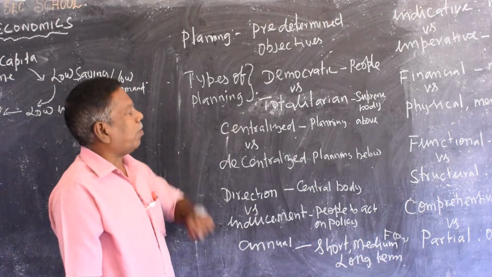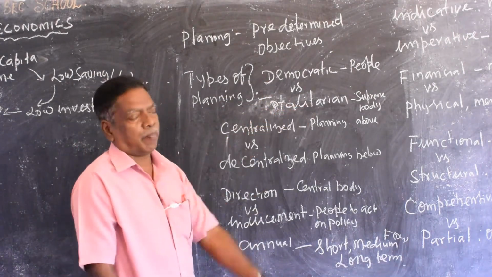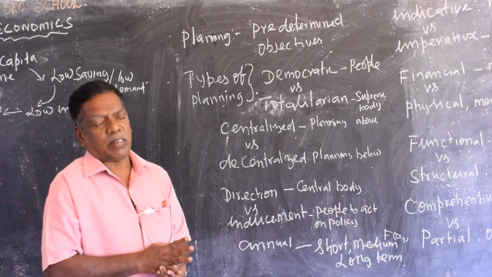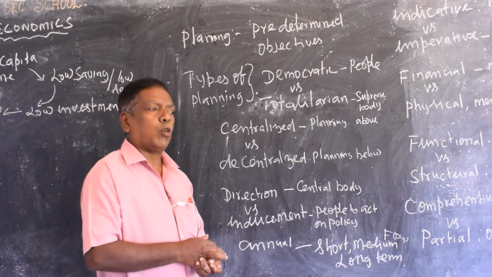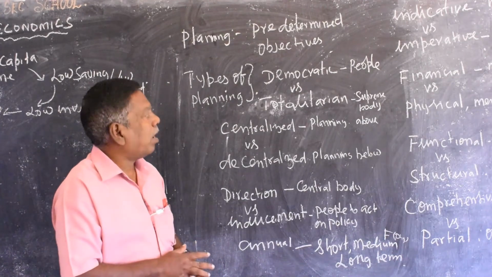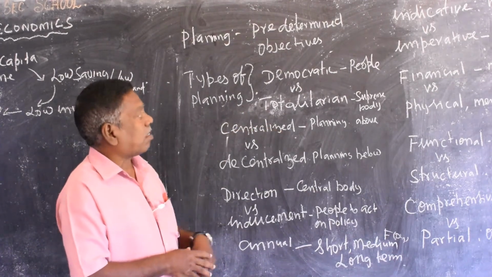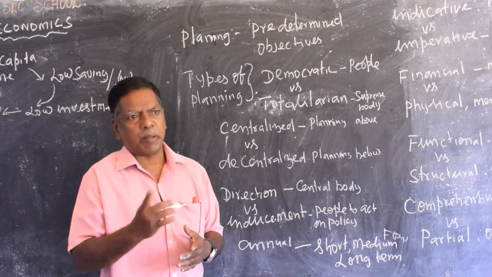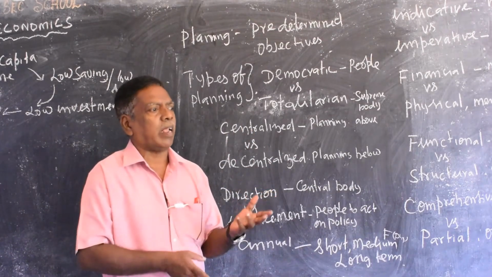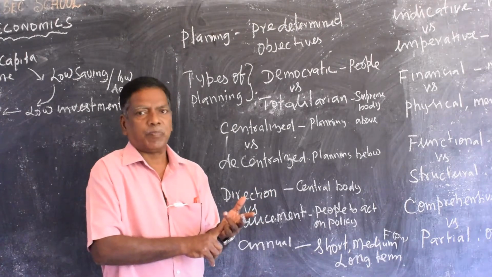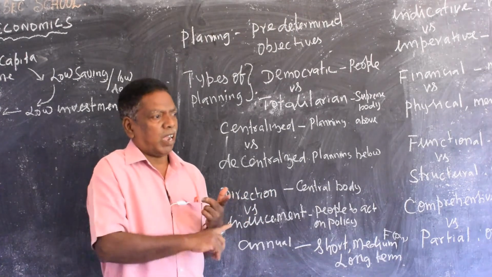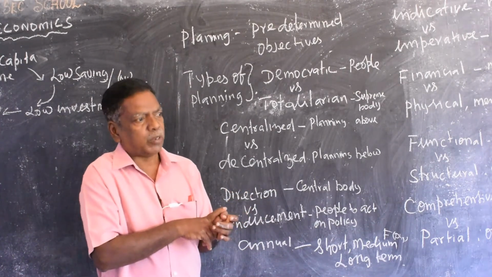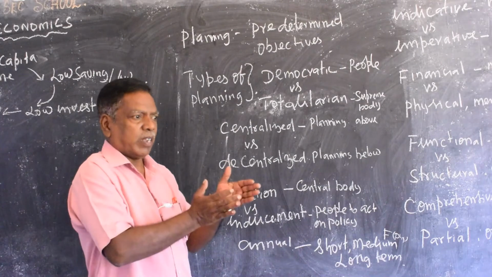And opposite to that we have totalitarian planning. Within the economy there is only one single authority, a supreme authority. That authority prepares each and every aspect: formulation, preparation, fixing of targets, showing the direction and various schemes, all those things they decide.